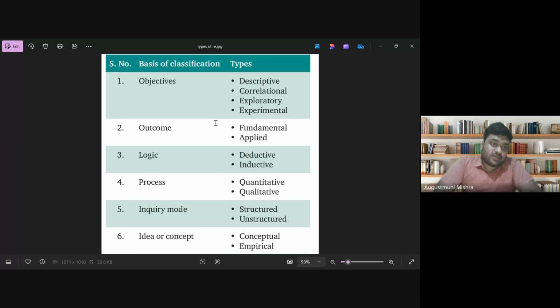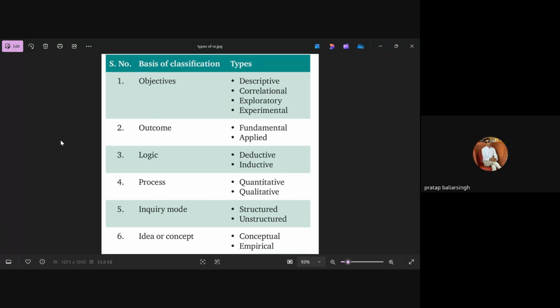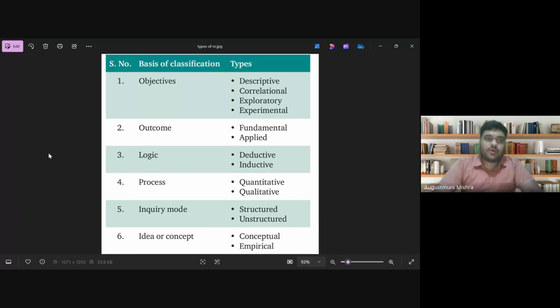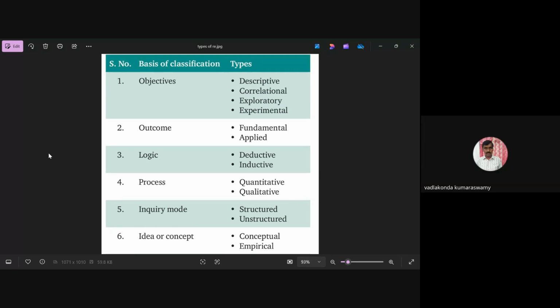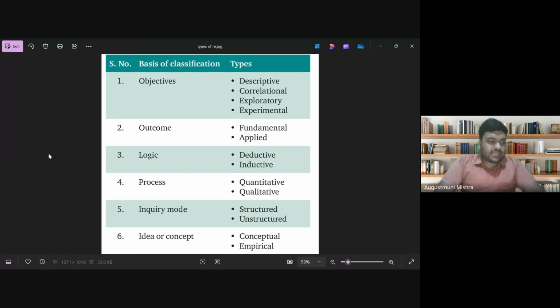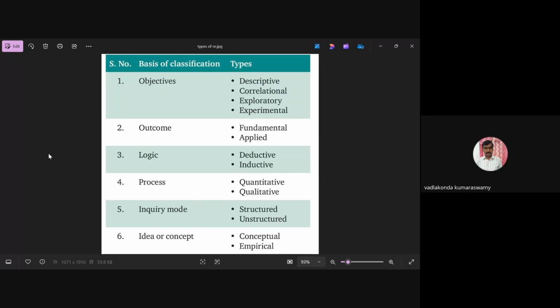Okay, my voice is breaking. Is anyone else facing this issue? Is my voice clearly audible? No, sir, it is clear now. Your net connection is slow, sir. I'm trying to connect again because sometimes there is an issue.